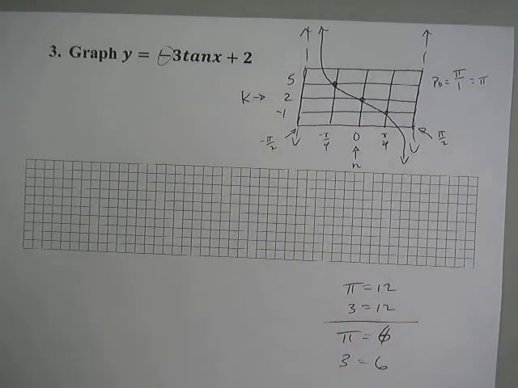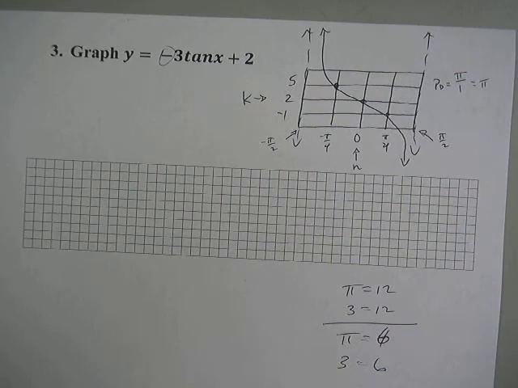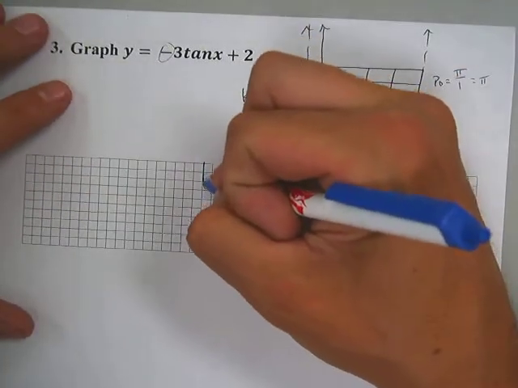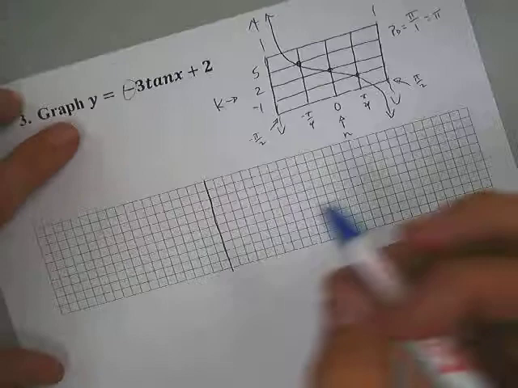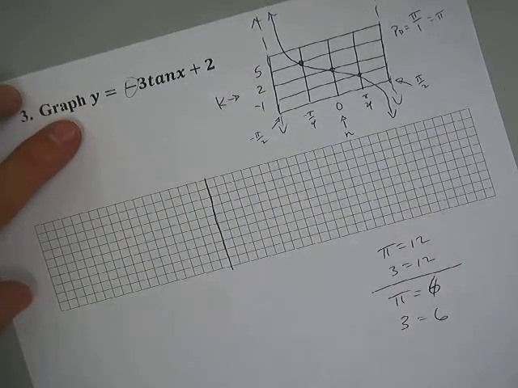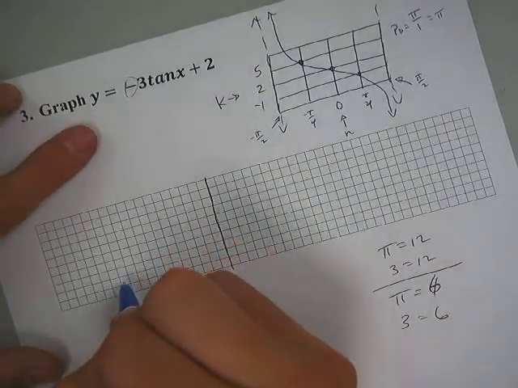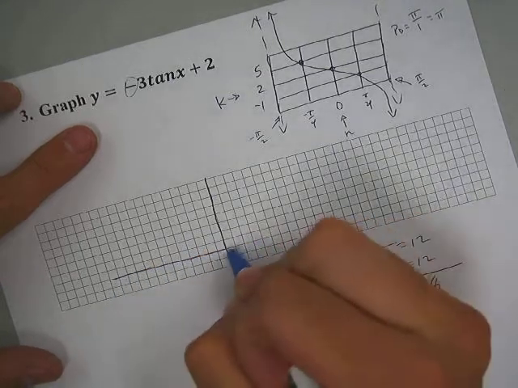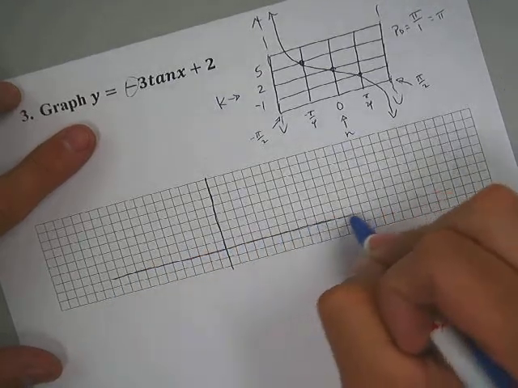Instead, if I want, I could say I'm going to make pi equaling 4, or pi equaling 6, and 3 equaling 6. Right? So if I try and draw this, now this might be off my graph still, but we'll give it a shot.